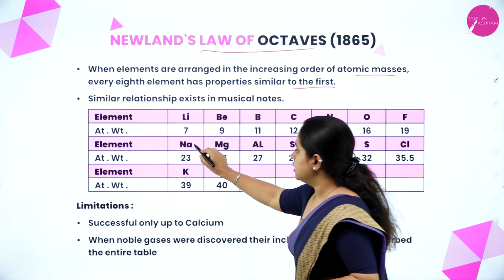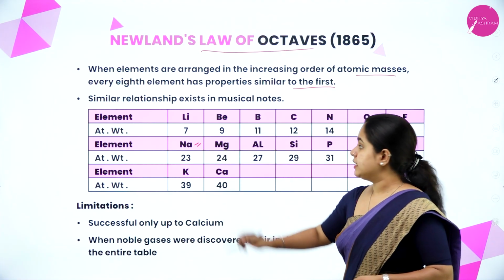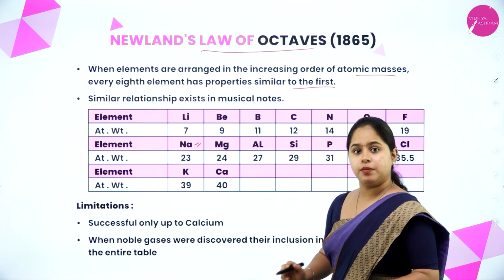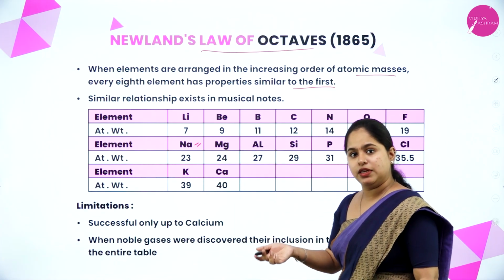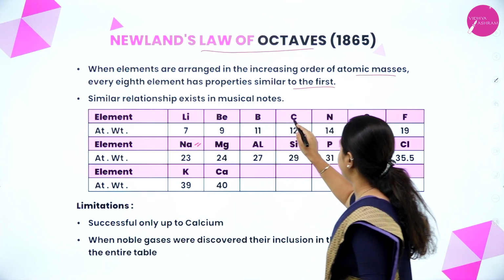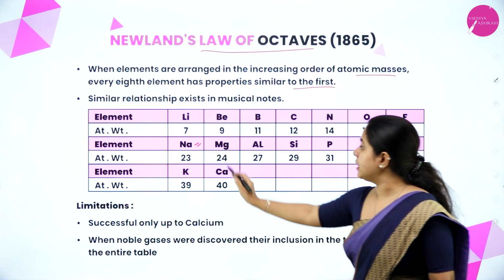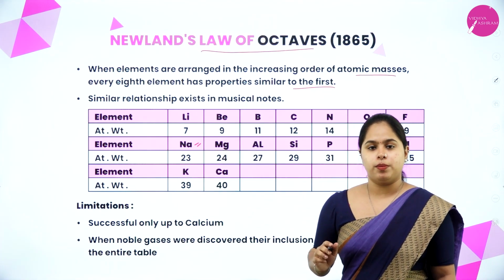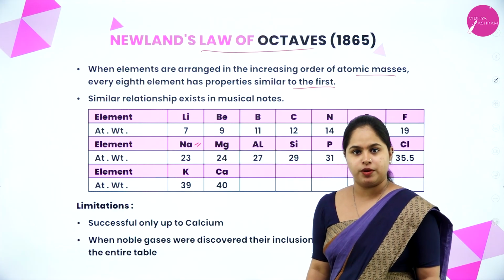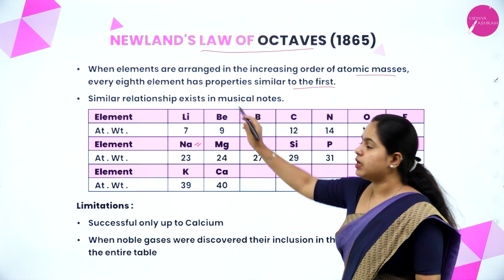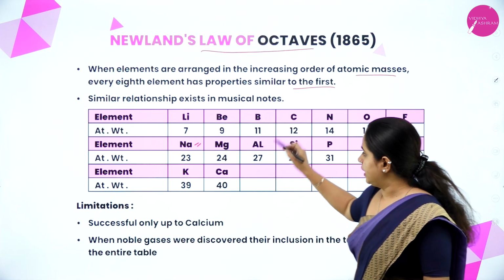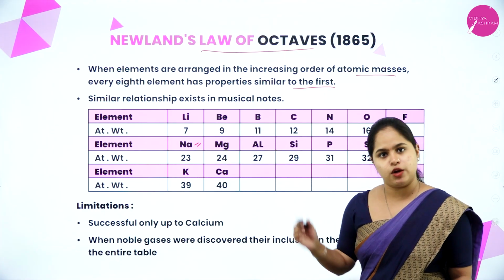Then you can see sodium. It comes under lithium. That means the 8th element, that is 1, 2, 3, 4, 5, 6, 7 and the 8th, will have similar properties to that of the respective first one. The 9th will have similar properties to the second one, and the 10th will have similar properties to the third one. I hope it is clear.